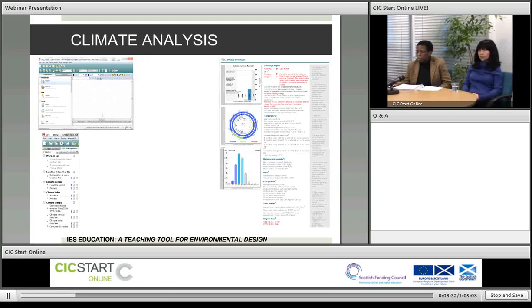So if we go on, the first was a set of climate tools that are within IES. Now, we used two of the climate tools. One was the climate matrix, which has to do with running climate files, climate data. If we look to your left here, you can pull down the tab within IES, and you're able to actually define a climate, or rather there are climate files for specific countries or specific locations in specific countries.